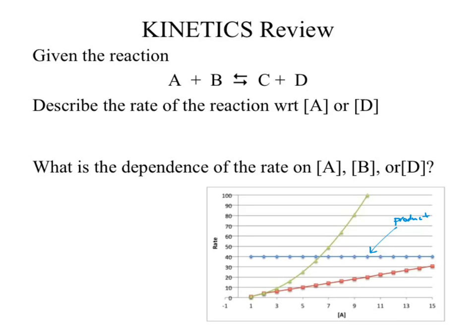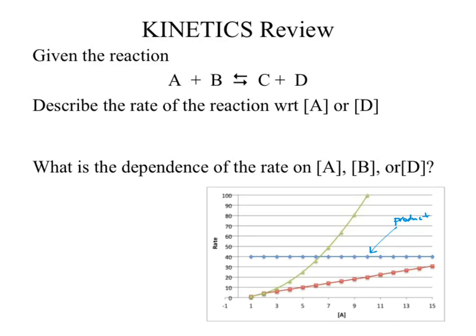What happens with the red line? It's increasing. So as I change the concentration, in this case of A, what happens to my rate? It goes up very, very consistently. It's going up in a linear fashion. So there is now a dependence between the concentration of A and my rate. Well, does that make sense?